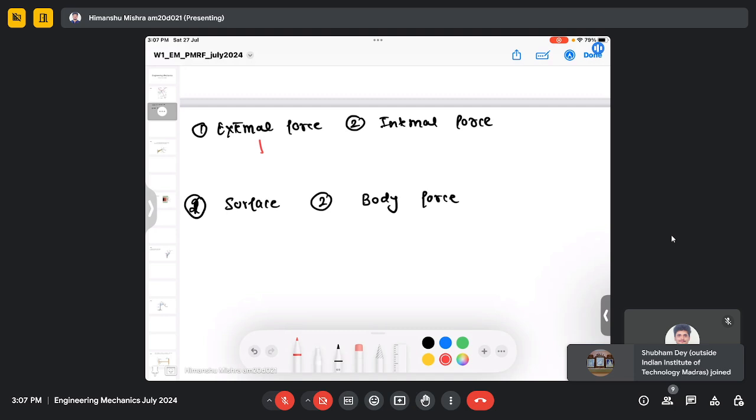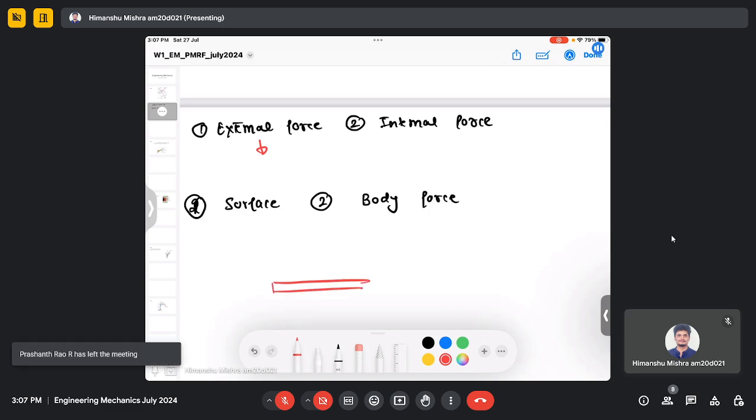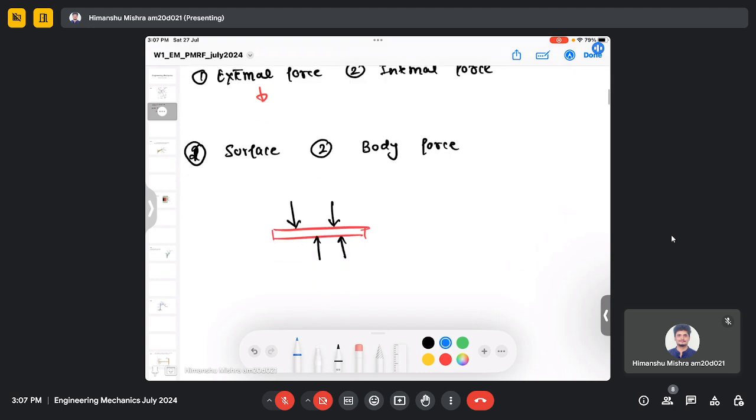So in external force, the force is actually applied from the outside. Suppose you have a body, let's say a bar, and there will be forces which can be applied from the outside. So these are examples of external forces. Another example of external forces are the reaction forces.